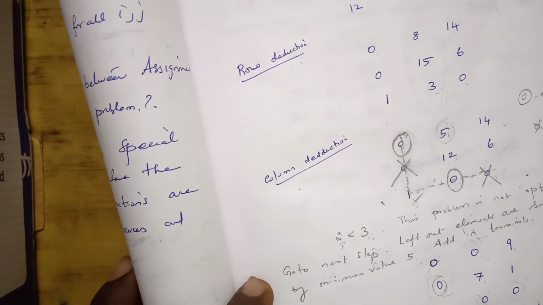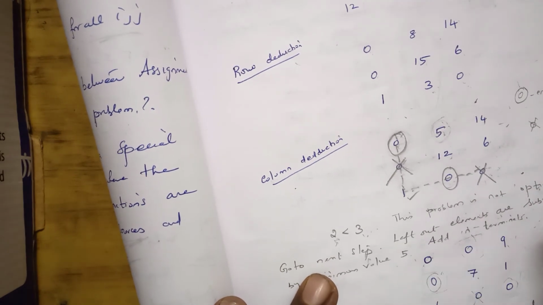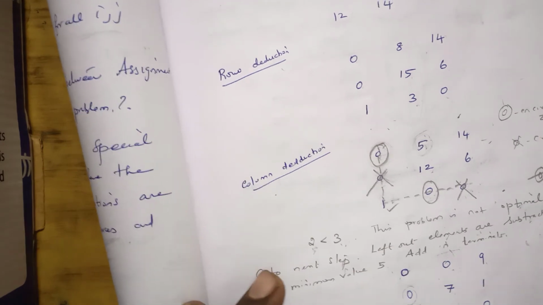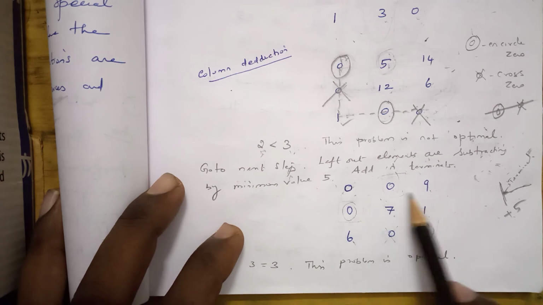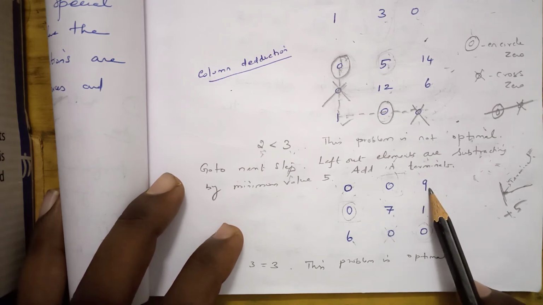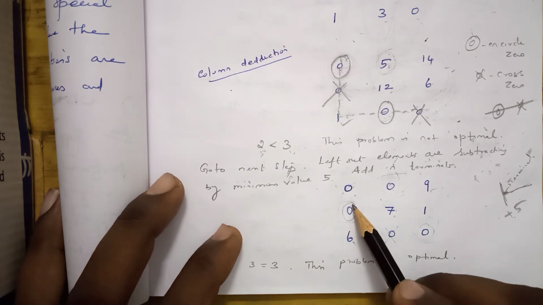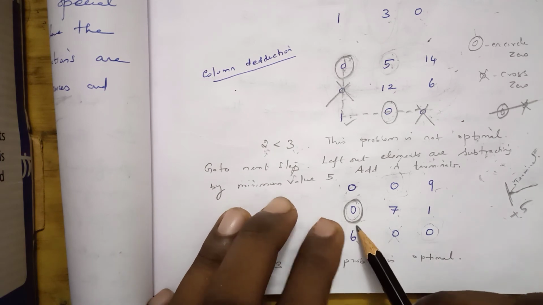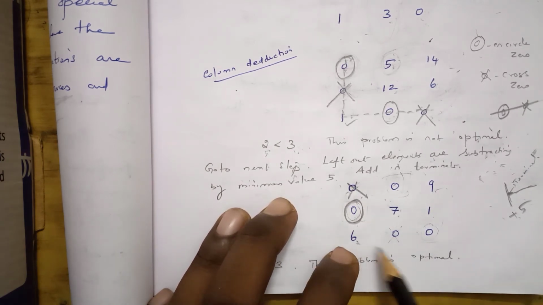Next, again we have to choose 0 row by row. In the first row, 2 zeros are there, so leave this row. In the second row, only one 0 is there, so we encircle the 0 and cross out the corresponding 0. Next, the third row has 2 zeros, so leave this row.